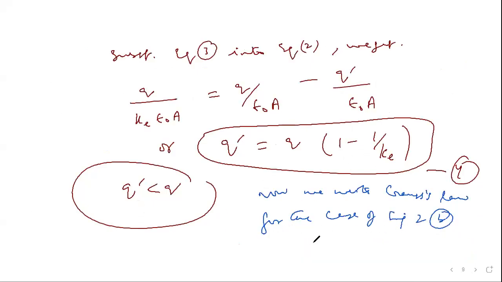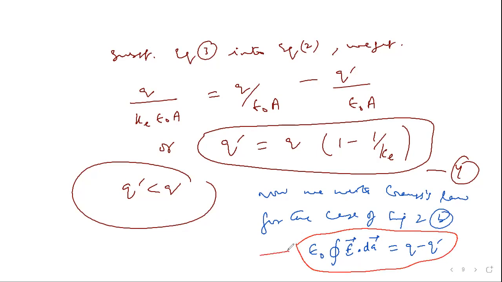So I write it in the form epsilon naught closed integral E dot dA is equal to Q minus Q prime. Let me encircle it. Name it as 5. Q minus Q prime again being the net charge within the Gaussian surface.